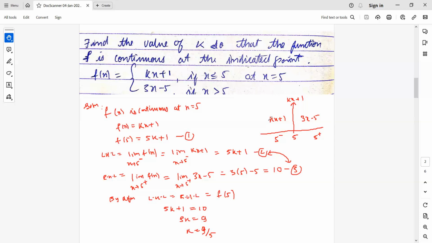Next, we will discuss another important question based on this, and the third question of today's class. Question number 3.